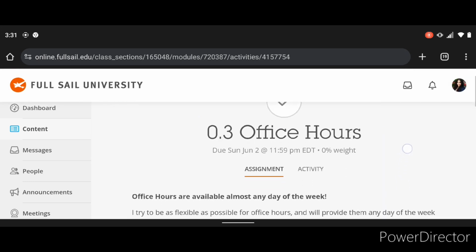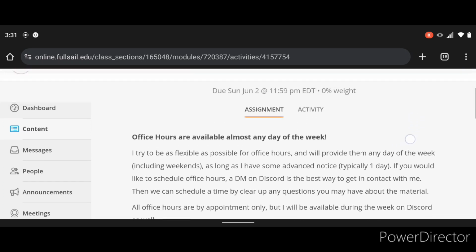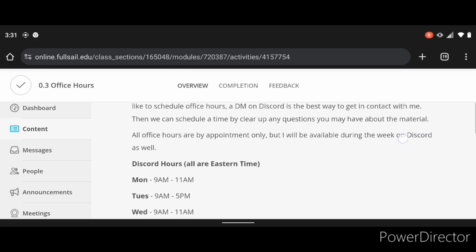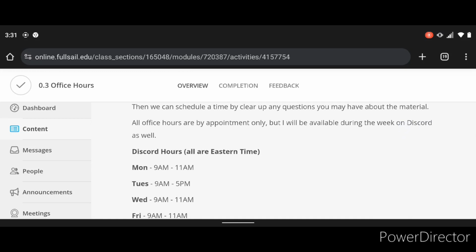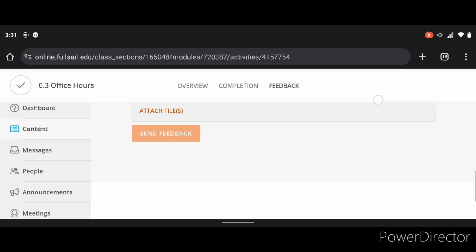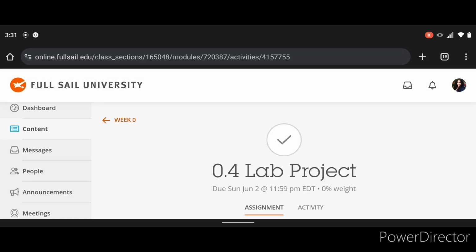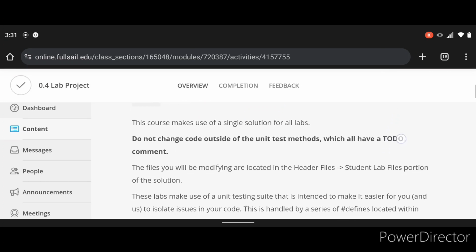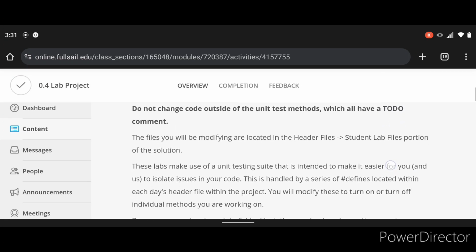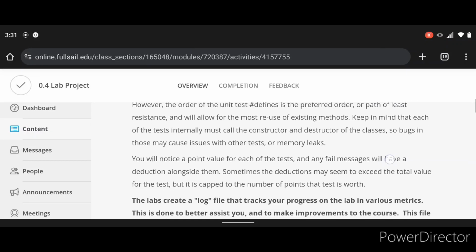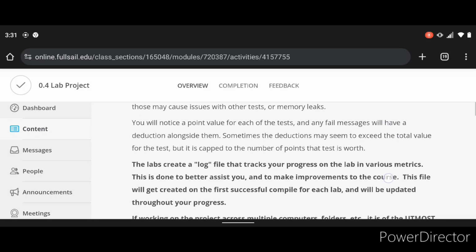Now, about the labs. What's great about them is that they are all in one solution file, and that will be that way for this whole class. The instructor that I have, Justin Tackett, he's actually the one that created all the labs, and he just wanted to make it easier.